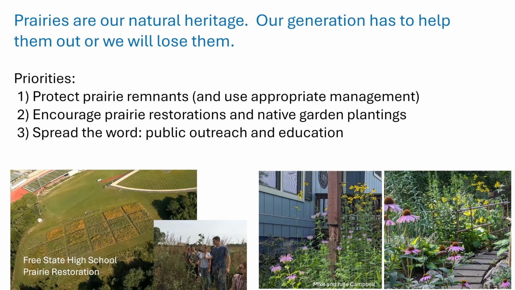This is a planting of prairie plants out at Free State High School. But we also have to recognize that they don't have the full ecological complexity of a well-managed remnant prairie. It's also great to have prairie plants along our yards. That's something all of us can do. They're beautiful, they're tough, and they really provide food for insects and plants.